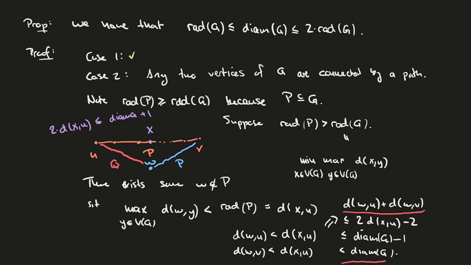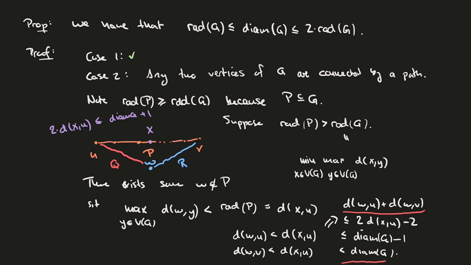I just noticed that I've called 2 different paths P, which is bad, so let's rename this blue path to R. The reason this strict inequality we've obtained is a contradiction is that we've now found a path between U and V that is strictly shorter than the shortest path P.